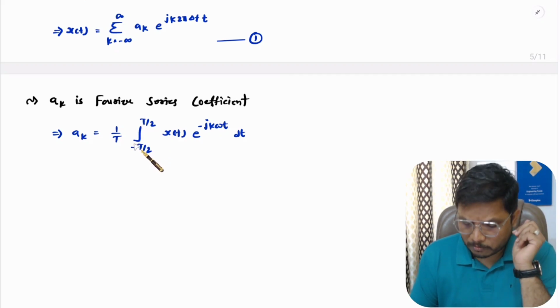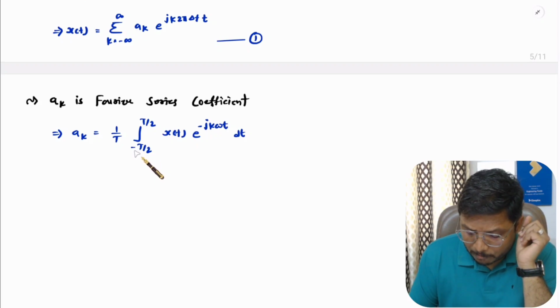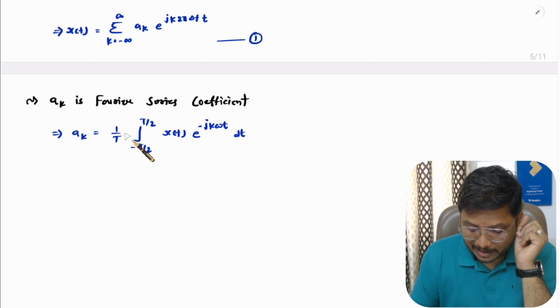Let us assume this is for minus T by 2 to T by 2, and that is how we can express this Fourier series coefficient.